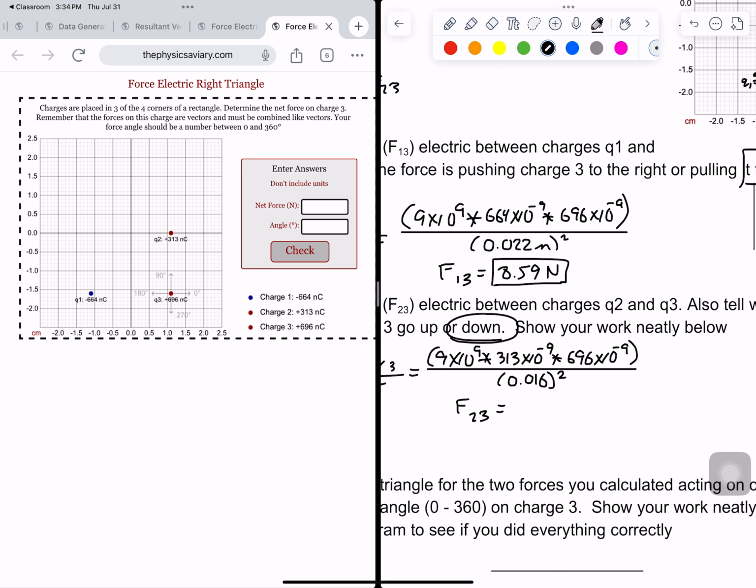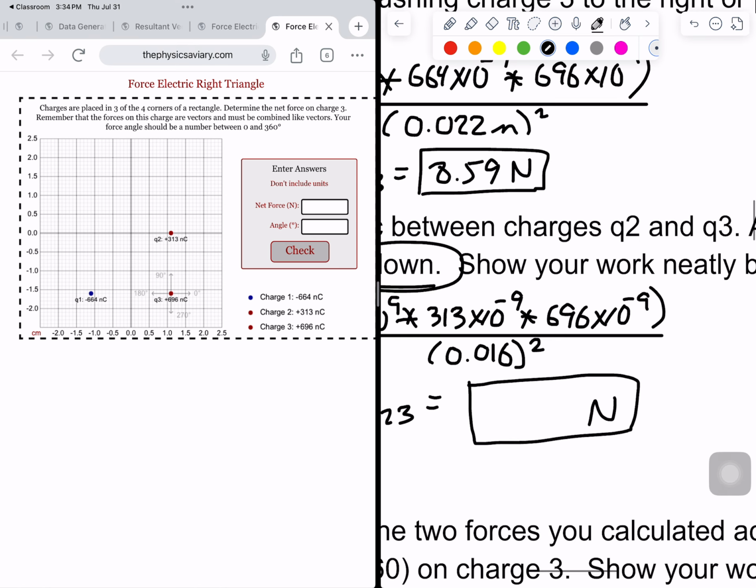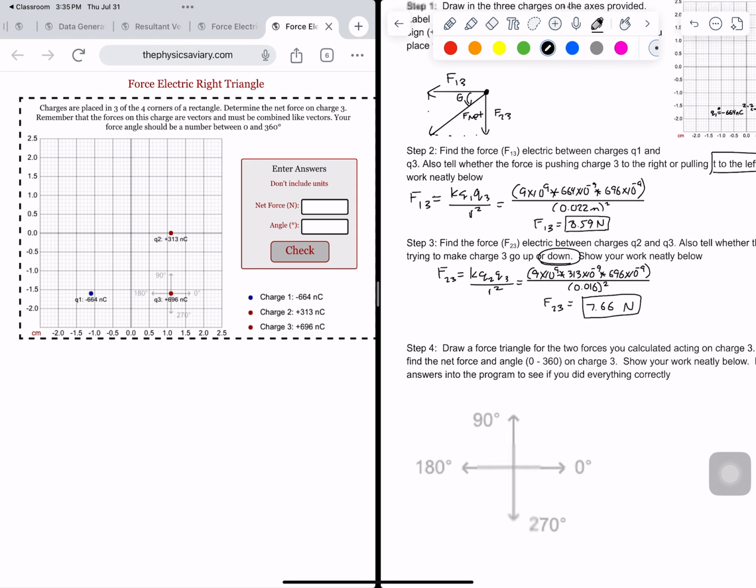Okay, so please go ahead and take a second to find yours while I find mine. And for me, I'm getting a value of about 7.66 newtons.